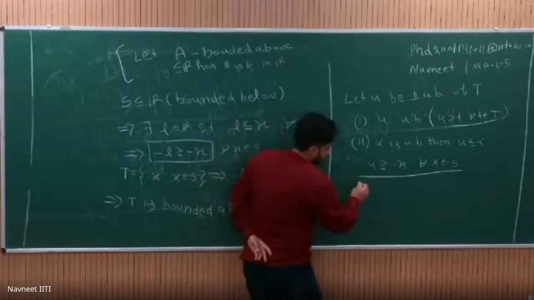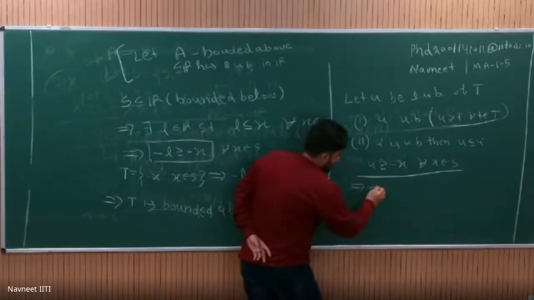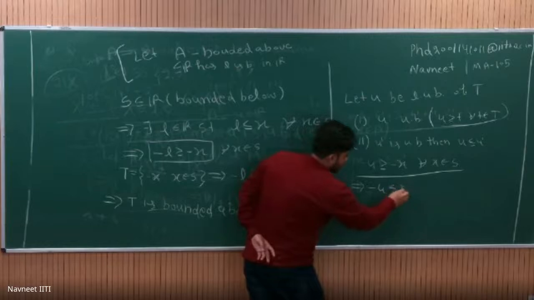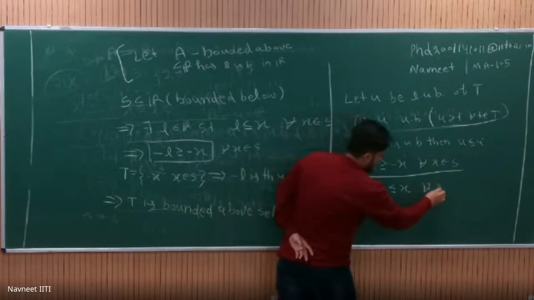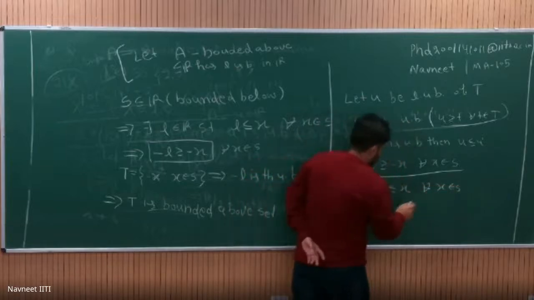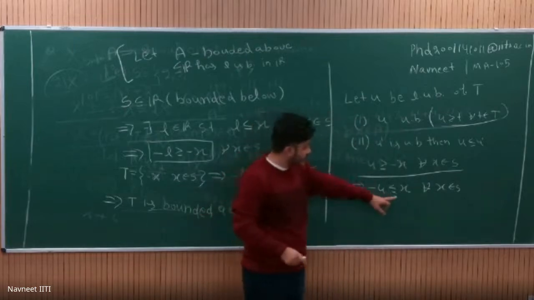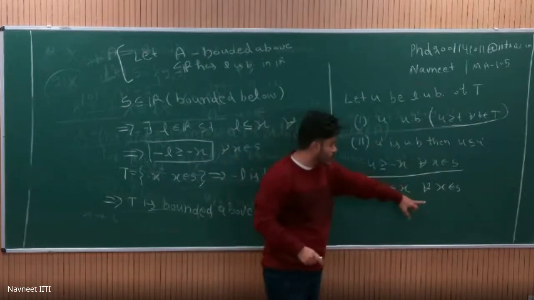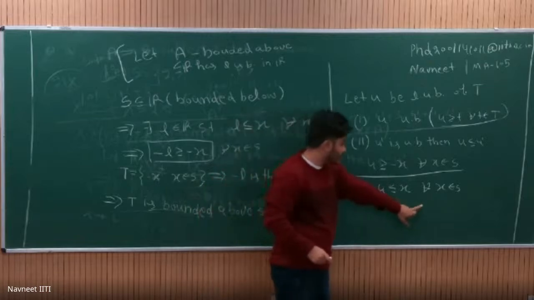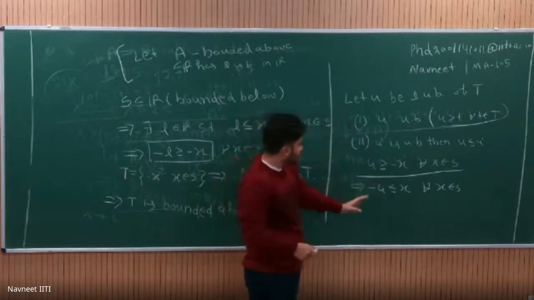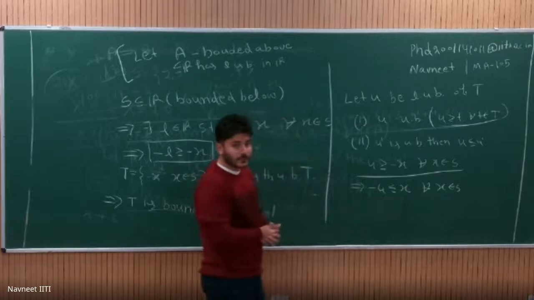Then multiply by minus 1. This will imply minus u is less than or equal to x for each x belonging to S. What does it mean? Can anyone tell me what is the next line I can write from here?